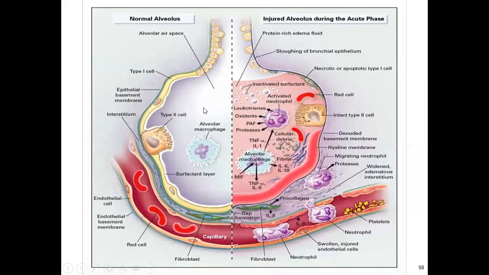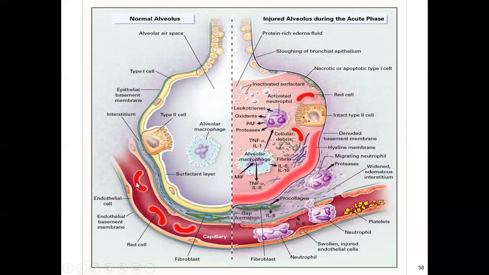See this picture. This is the normal alveoli, and this is the inflamed. I'm not going to compare and contrast normal and inflamed alveoli. I am here to show you this area is called interstitium, and this is the blood vessel, where red blood cells are supposed to be in the capillaries.